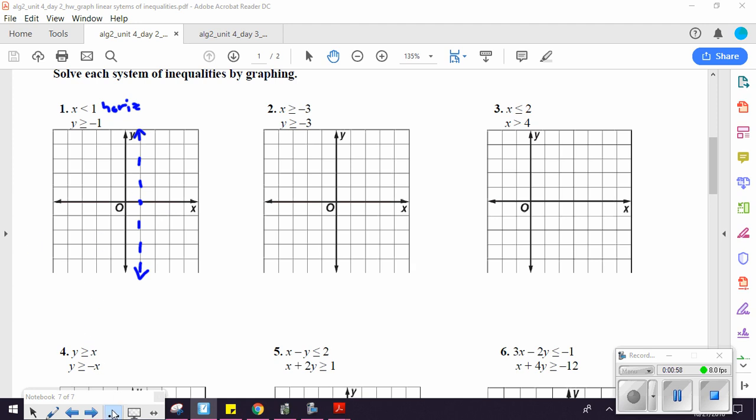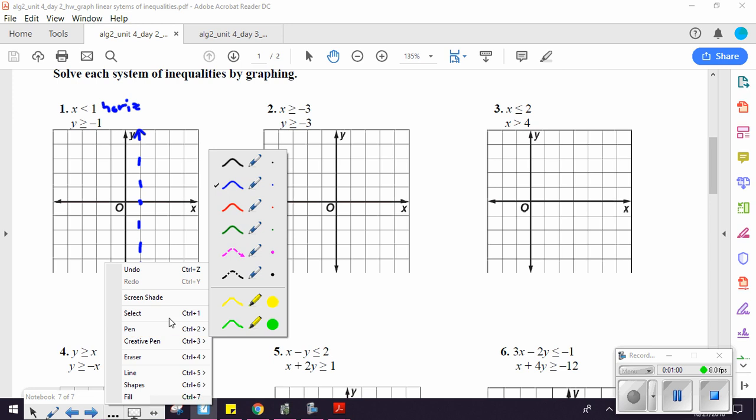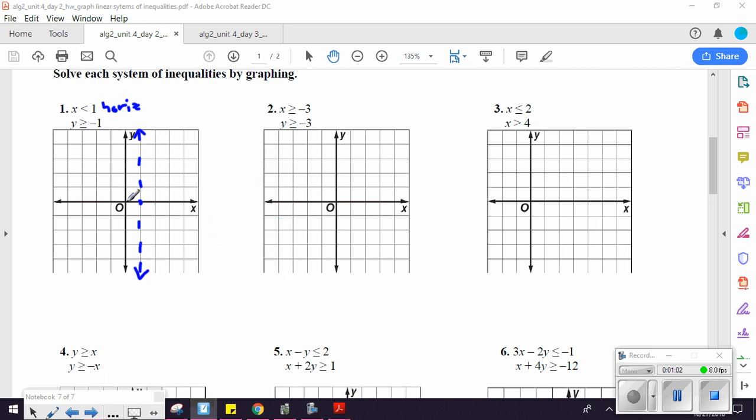The test point I'm going to use is 0, 0. So when I substitute 0 for x, 0 less than 1 is a true statement. So that means I'm going to shade everything on the left-hand side of that line.